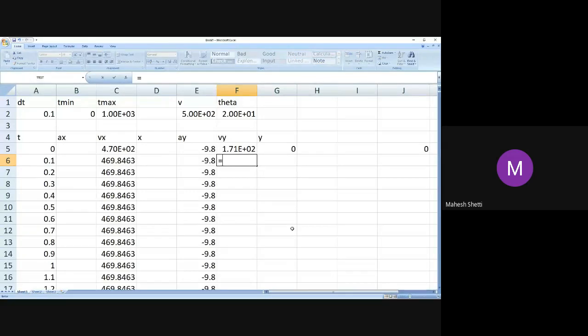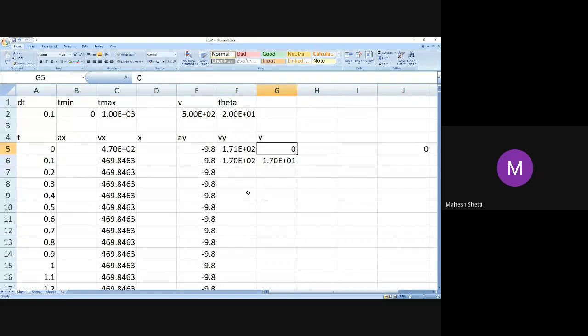Now let me write the velocity. The new velocity is going to be the old velocity plus the present acceleration multiplied by $A$2. I have to copy the same formula here.